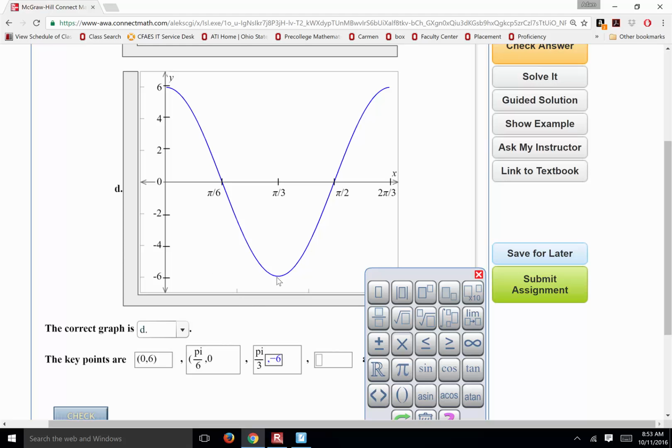This is the minimum value. And the last one is 2 pi over 3 and 6.